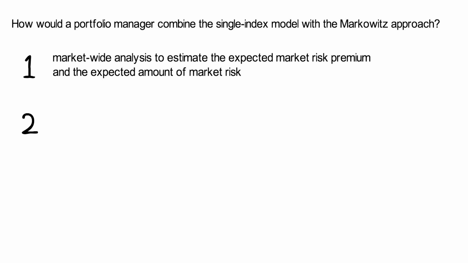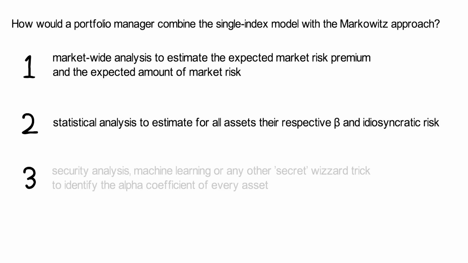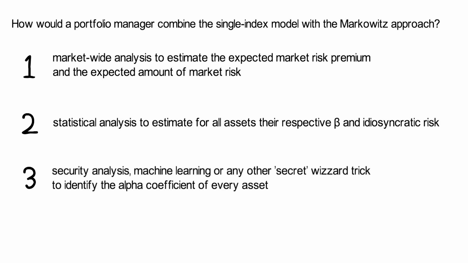In the second step, he would do a statistical analysis to estimate for all assets their respective beta and sigma square epsilon. Step number 3, the asset manager might use security analysis, machine learning, or any other secret wizard trick to identify the alpha coefficient of every asset.